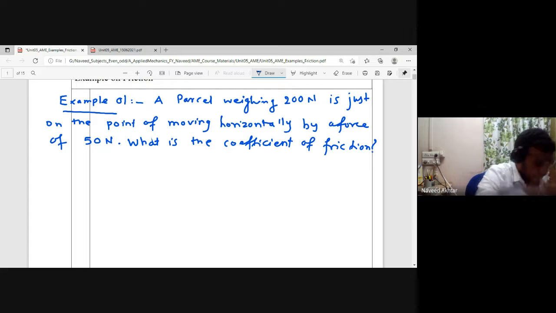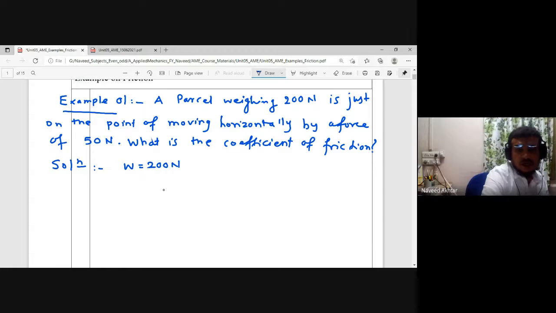You can start solving this example. What is given? A parcel. The weight is given 200 Newton and it is just on the point of moving horizontally by a force, that is P equal to 50 Newton. Okay. What is the coefficient of friction?